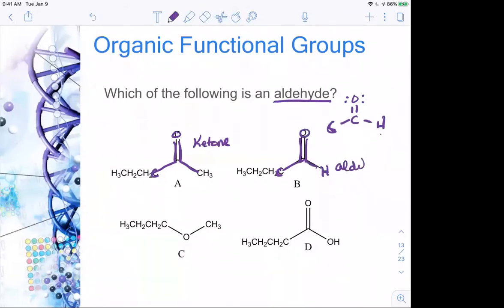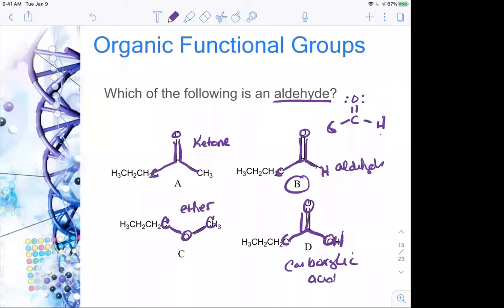This is the aldehyde, which is the answer. This is carbon, oxygen, carbon. This is an ether. And here I have carbon, carbonyl, OH. This is my carboxylic acid. So you need to be able to recognize these functional groups when you see them in compounds.